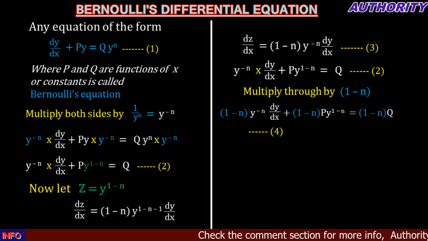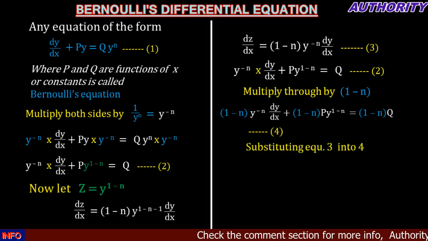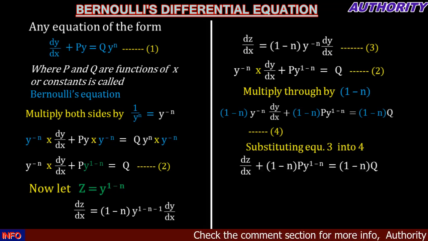You get it right? Good. So substituting equation 3 into equation 4, that means we're going to have dz all over dx plus 1 minus n in bracket p y raised to power 1 minus n equal to 1 minus n in bracket q.